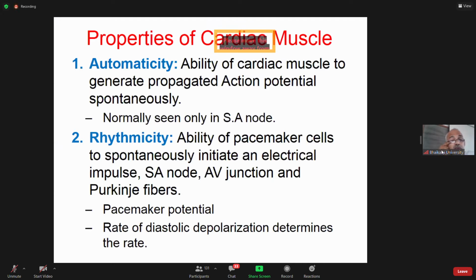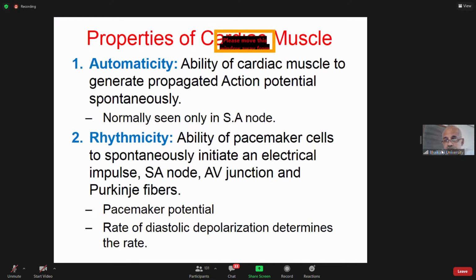These impulses are generated rhythmically and spontaneously and then conducted further. The SA node generates an impulse at 70 to 80 or so. The AV node generates at a rate of 40 to 60. Purkinje fibers around 30 to 40, normally around 30.